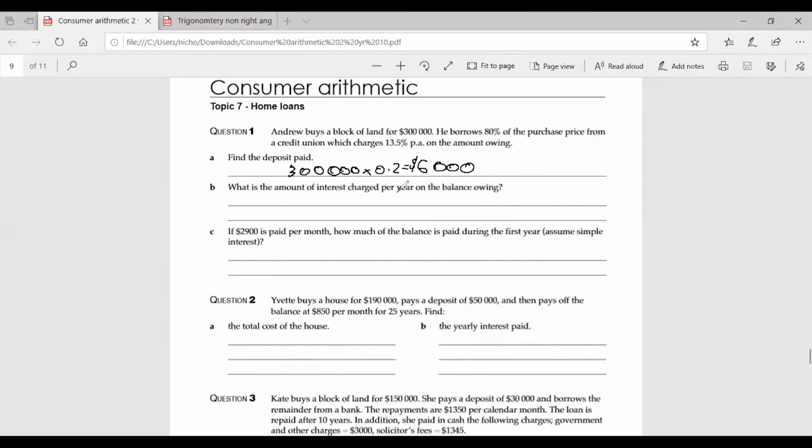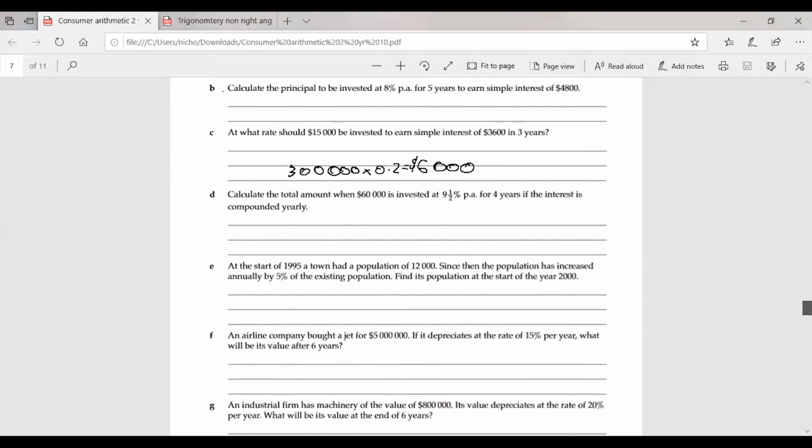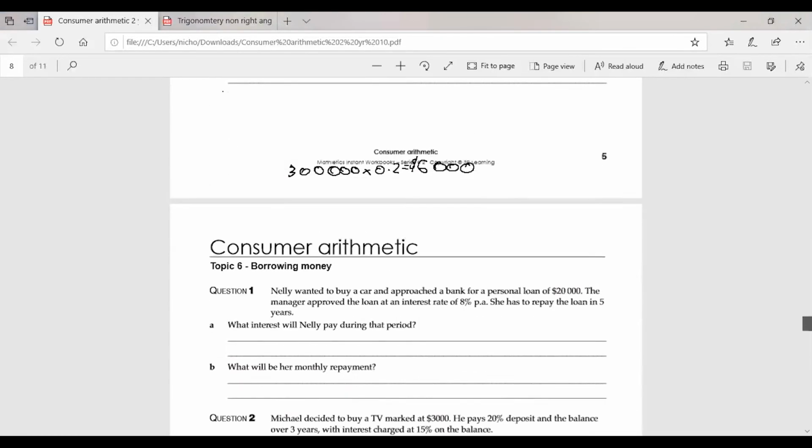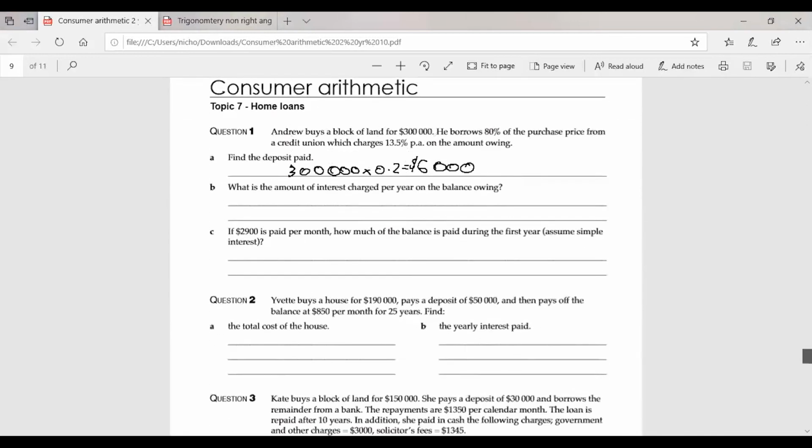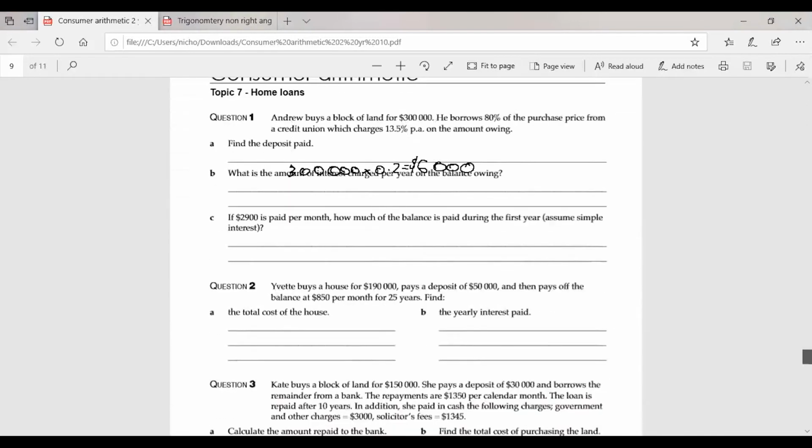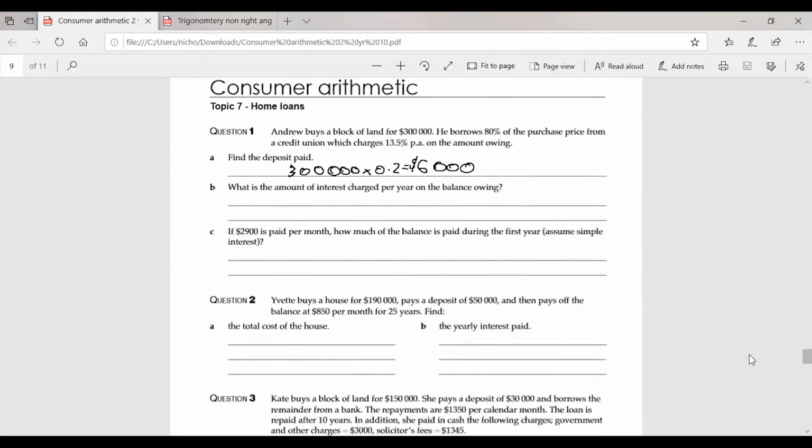What is the amount of interest charged per year on the balance owing?